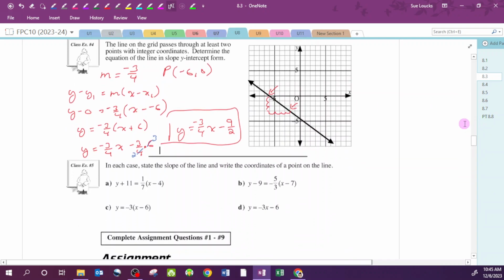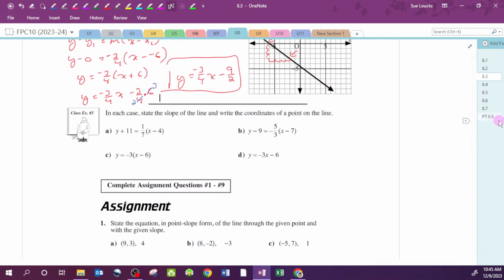Okay, and last example here, we're going to state the slope of the line and the coordinates of a point on the line. So let's see, my slope here is 1/7, because that's in the position of m in y minus y1 equals m times x minus x1.